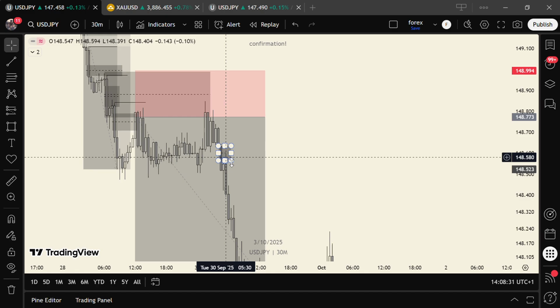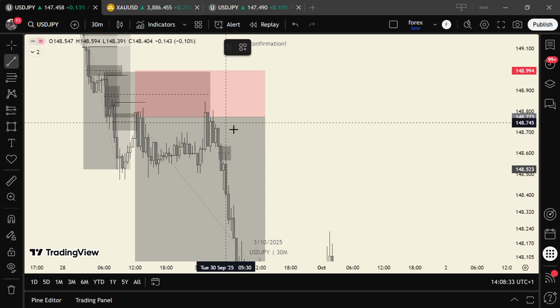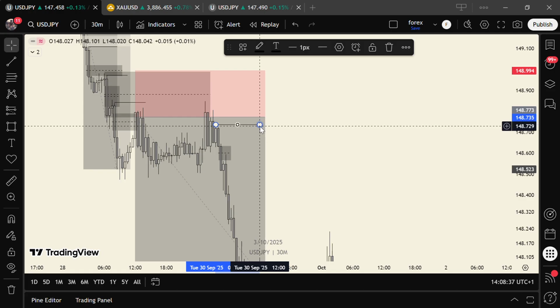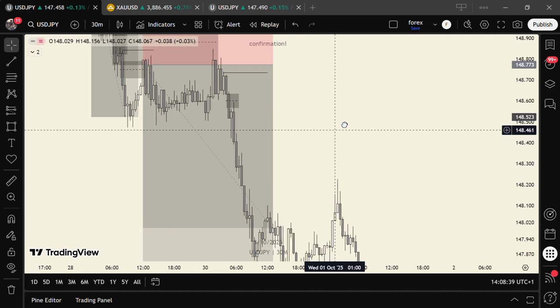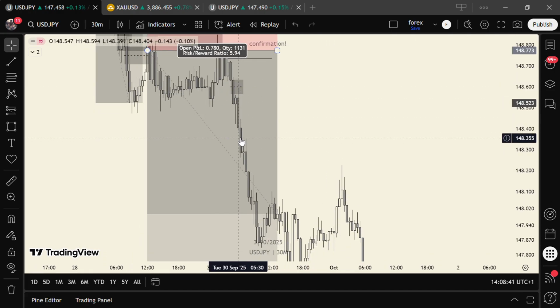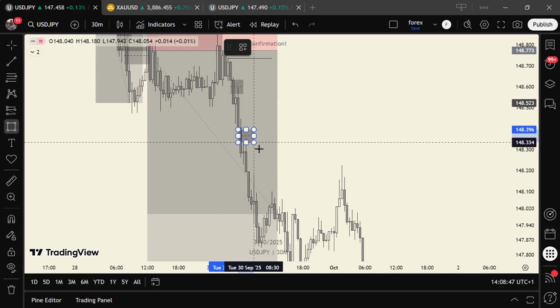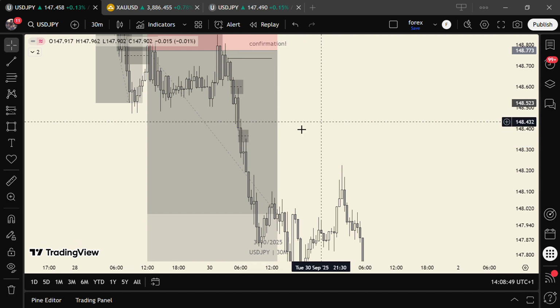That's where you add your position, and to be safe, I would have my stop loss up here. And then as we can see again, as price did this, it left another fair value gap right here again. See, price came back to it, tapped it, kept moving.